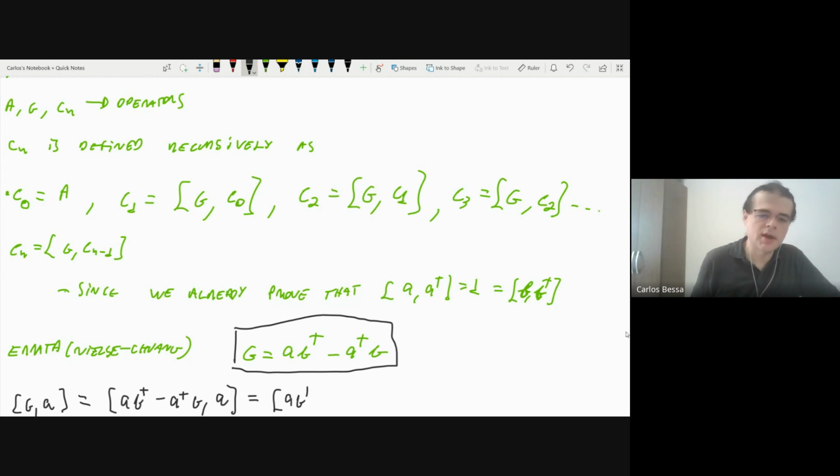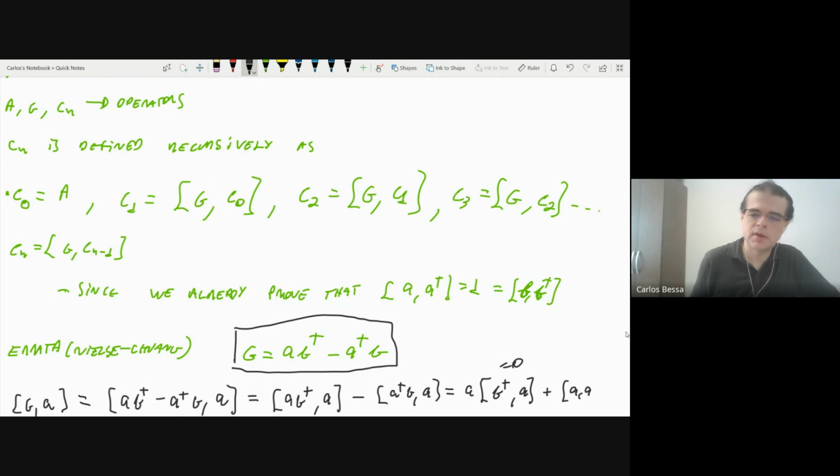This is the commutator of A B dagger with A, minus that of A dagger B with A. And this is just A, B dagger, A, the commutator. This commutator is 0 because they are independent.